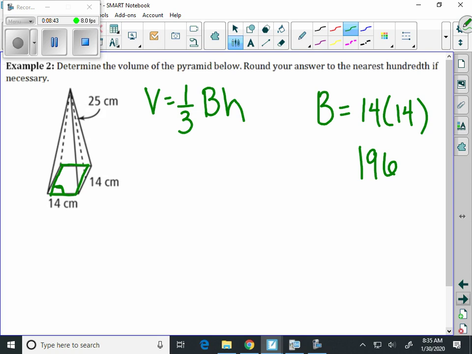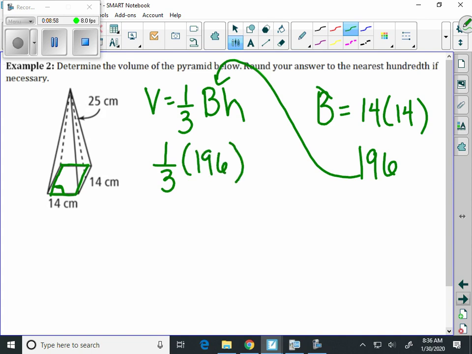Once we know that, we're going to take this value and put it back into our area of a base. You can put it in there at the start. We get 1/3 times 196 times our height. And again, this one is a little bit hard to see, but the height of our figure is this 25 centimeters.